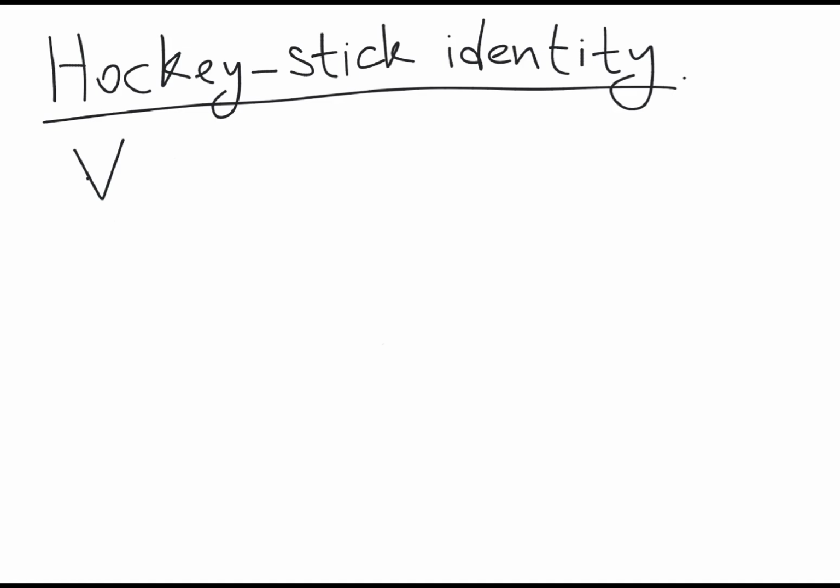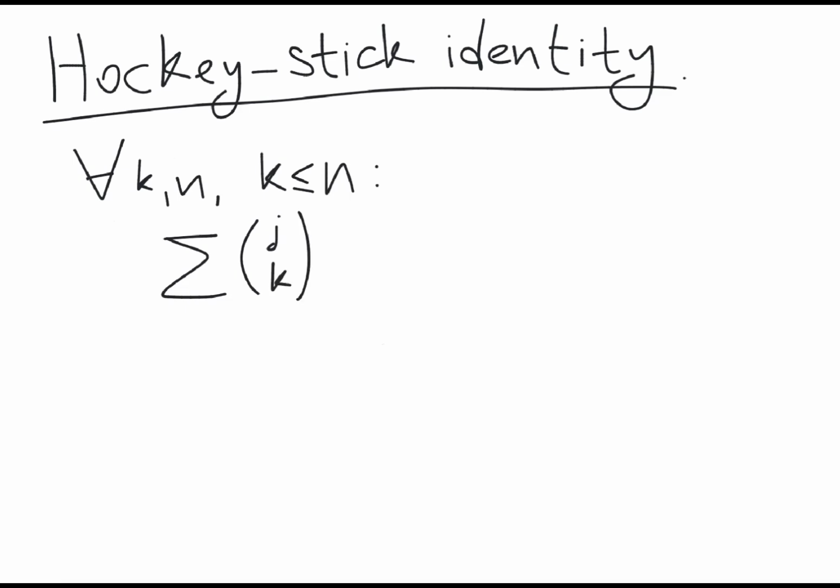For any k and n such that k is less than or equal to n, we have this identity: the sum of the binomial coefficients (j choose k) for j from k to n is equal to the binomial coefficient (n plus 1 choose k plus 1).